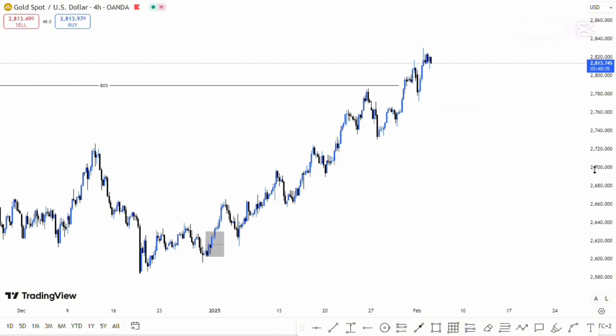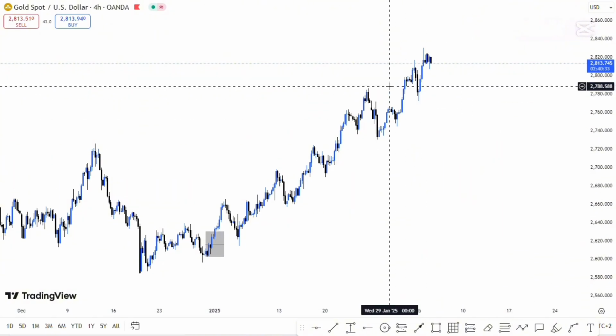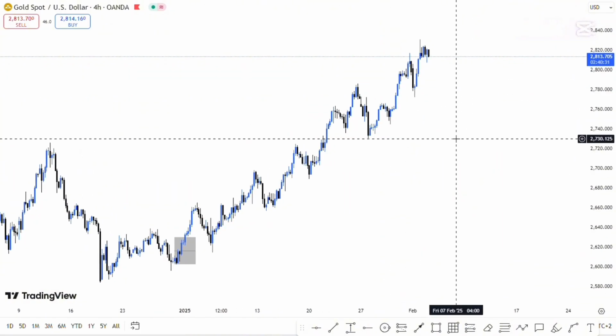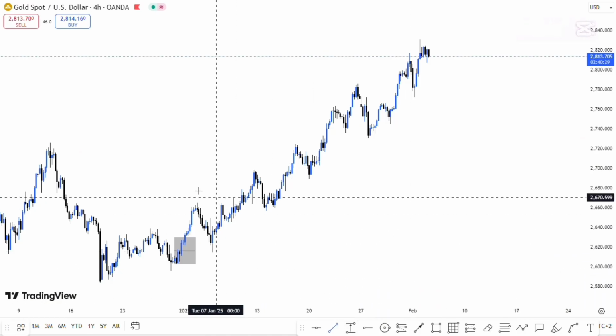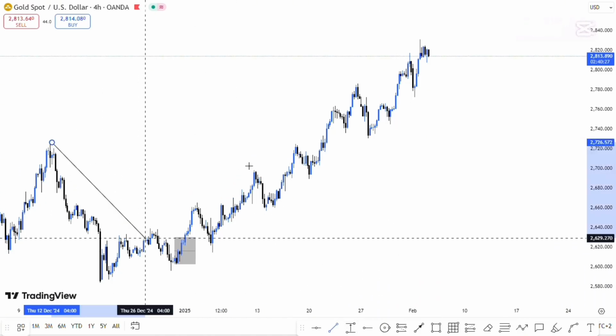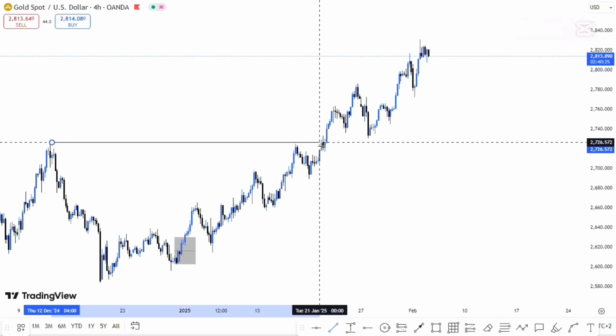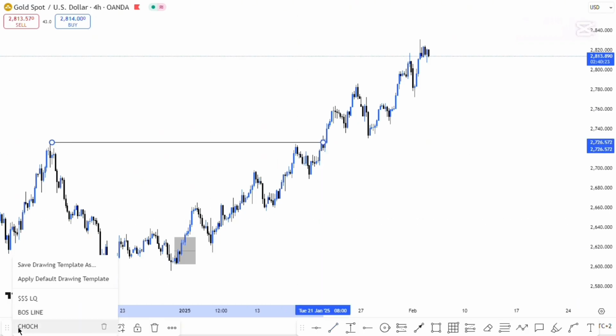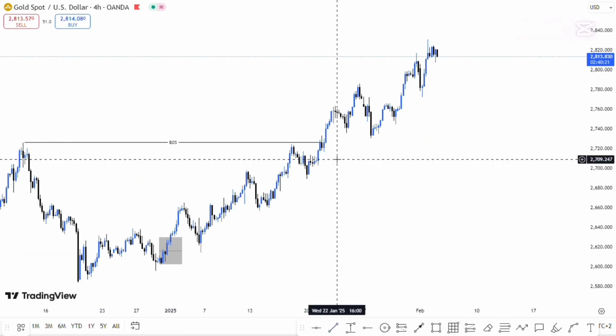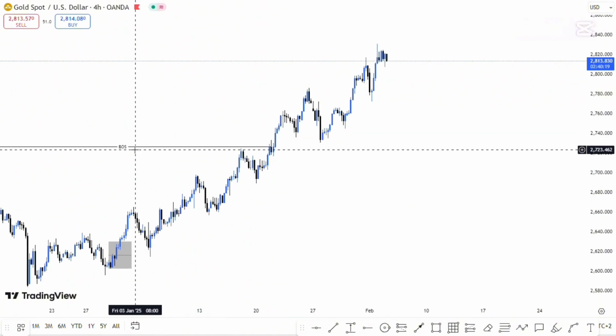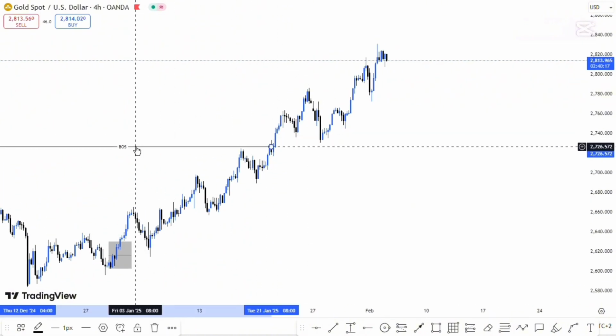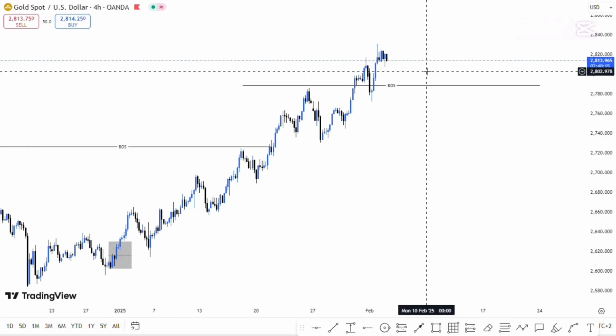I think you can see how the 4-hour structure is very clear. We get this break of structure, and then you continuously get more break of structures to the upside.